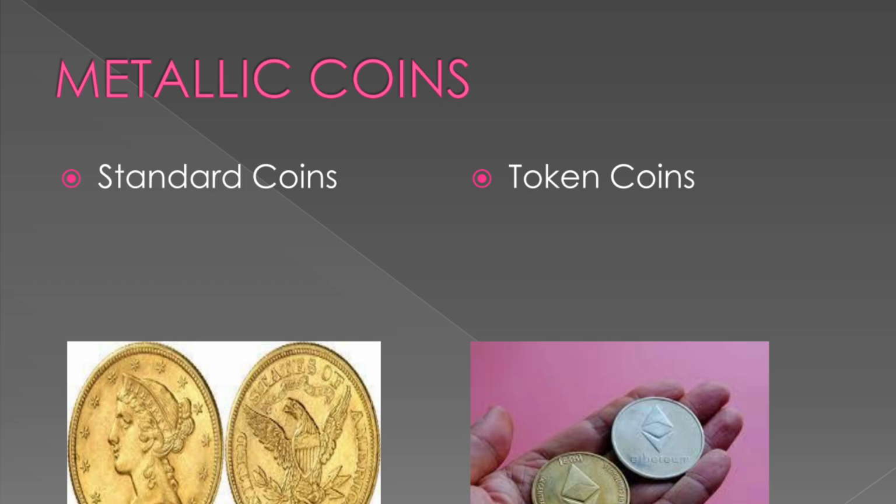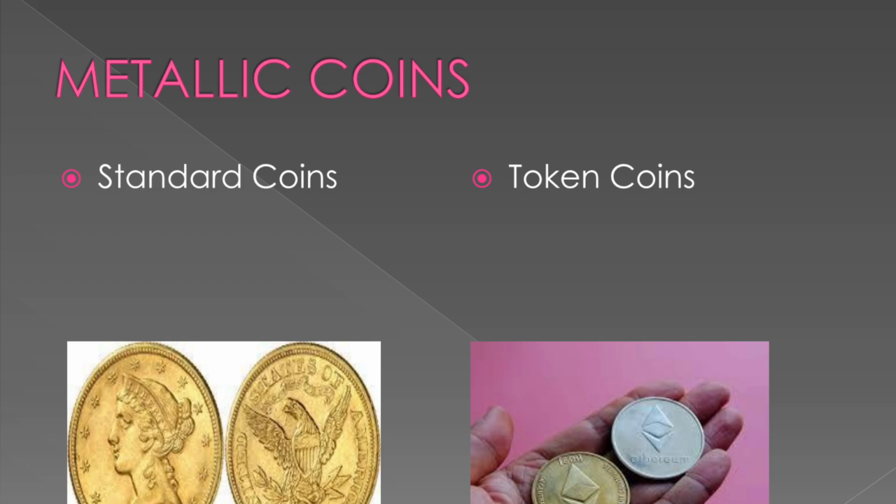Metallic coins are made from metals like gold, silver, bronze, nickel that are used in the form of the market. In ancient times, rulers of the various kingdoms used small pieces of metals and affixed their seal on them.